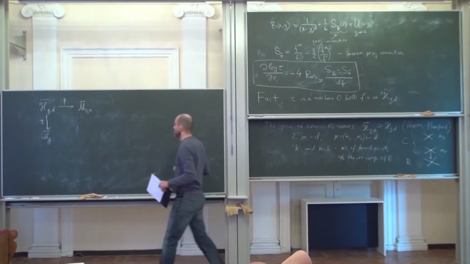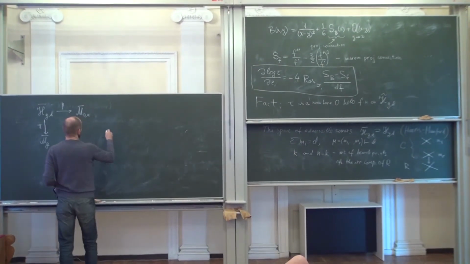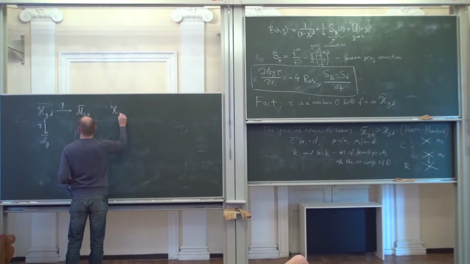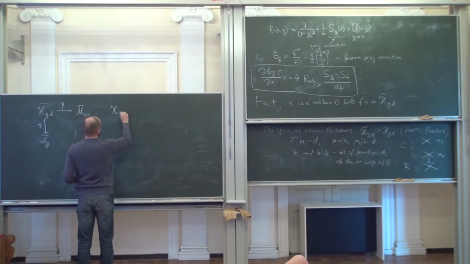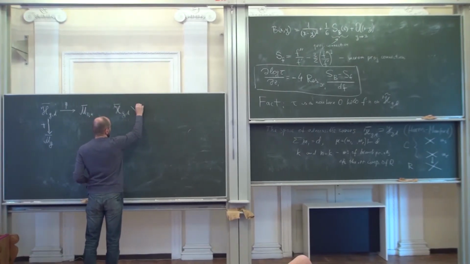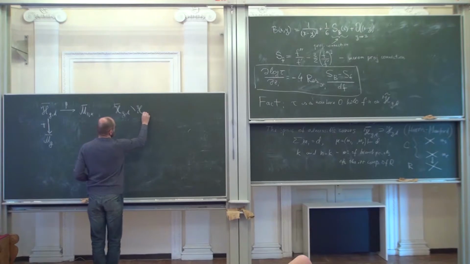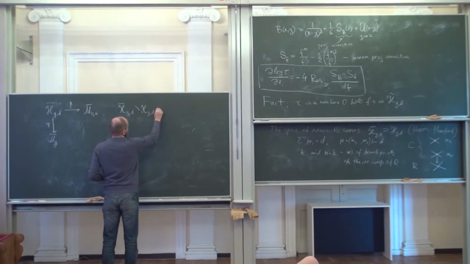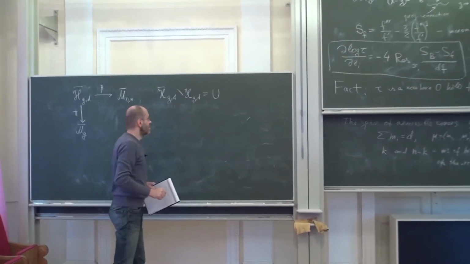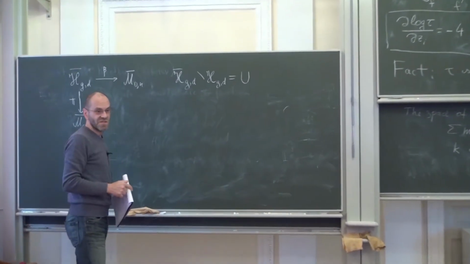So the complement of H g,d in H bar g,d is a union of divisors. All divisors are understood in the sense of Cartier.